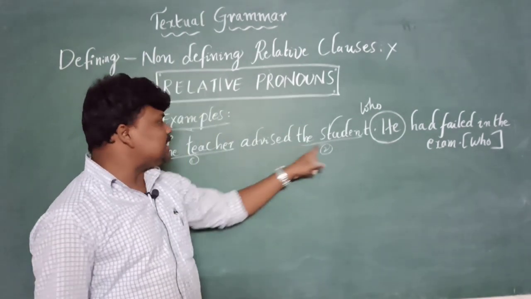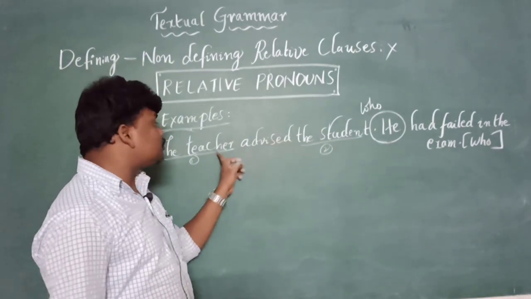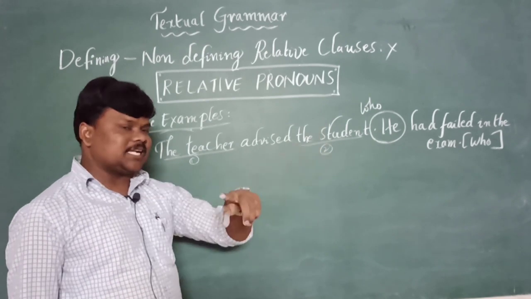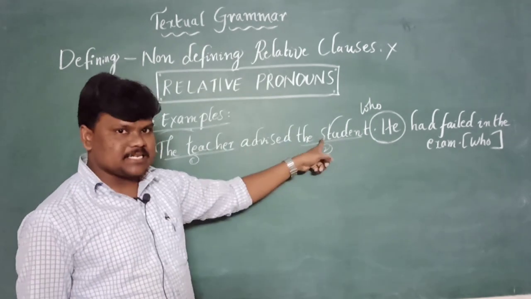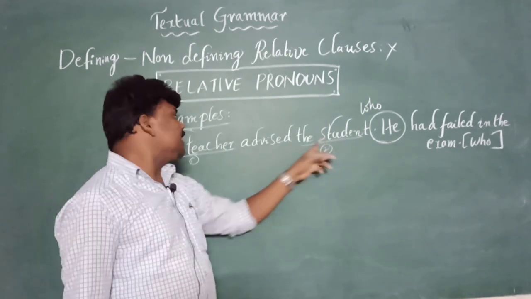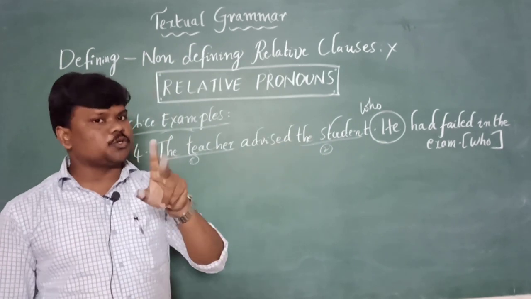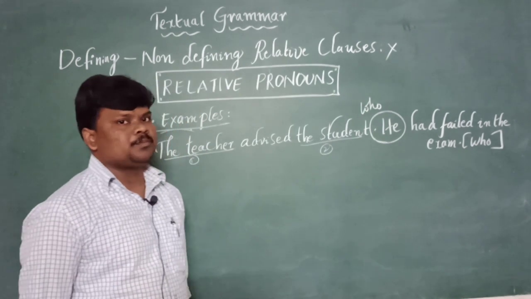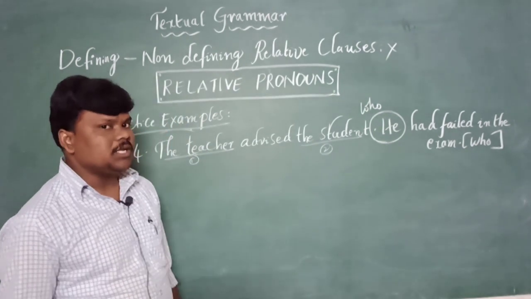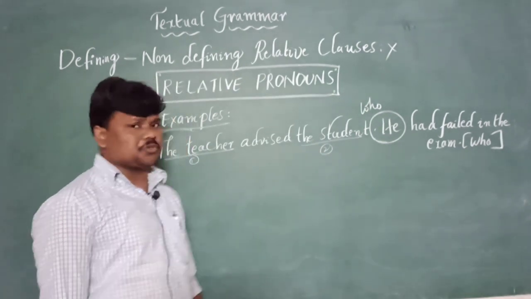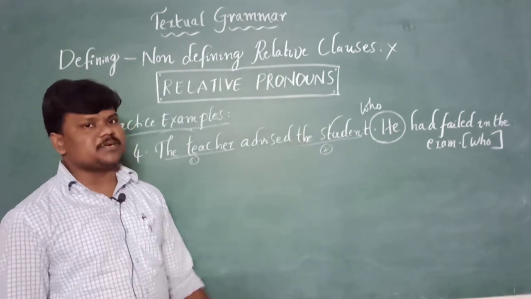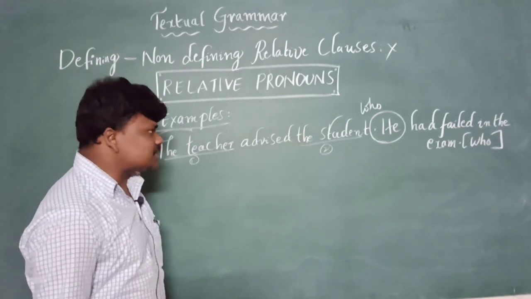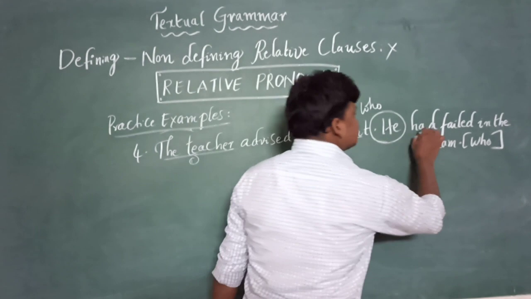Don't forget, if the first sentence comes with two persons or two nouns, the second person immediately follows who. Then you get a doubt: sir, how should we know which is the first person and which is the second person? Remember, at that time, just go for the second sentence.